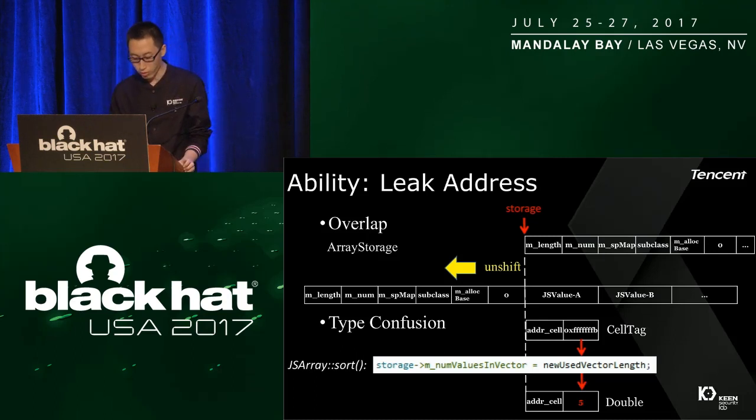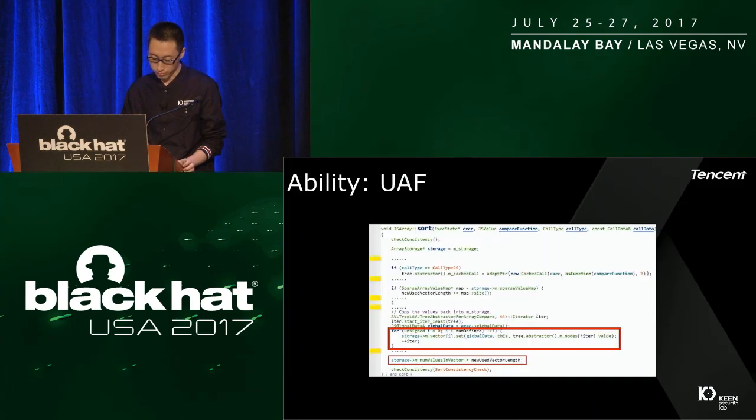The double value represents a JSCell address and the length. So we got the double value, we got the JSCell address. Next, we will focus on the first place, the storage used for copying back the sorted elements.